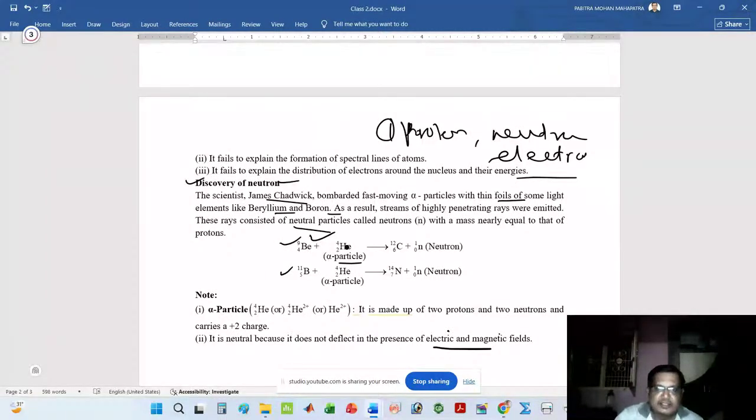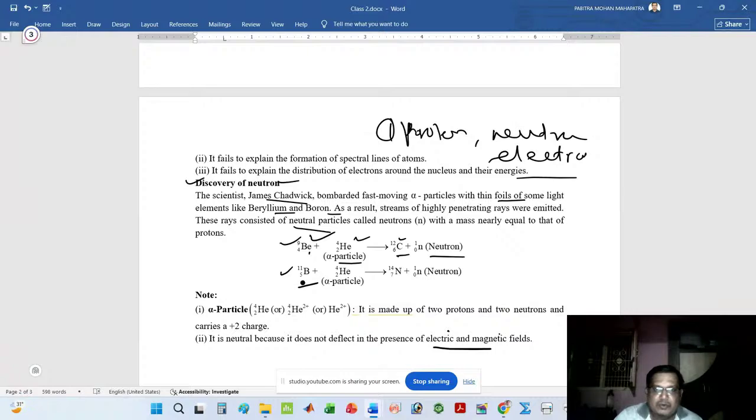Here two reactions have been given, one related to beryllium, another related to boron. When beryllium is struck with an alpha particle, carbon is formed along with a neutral ray, which is the neutron.